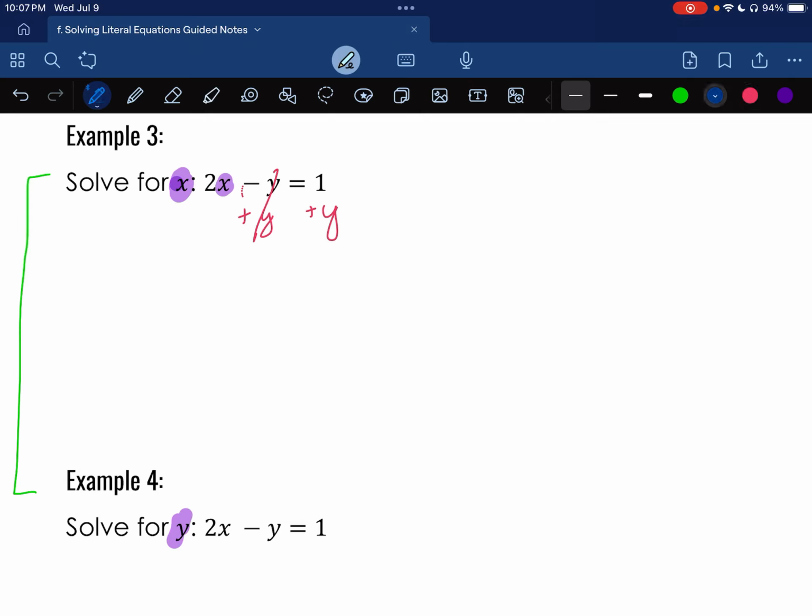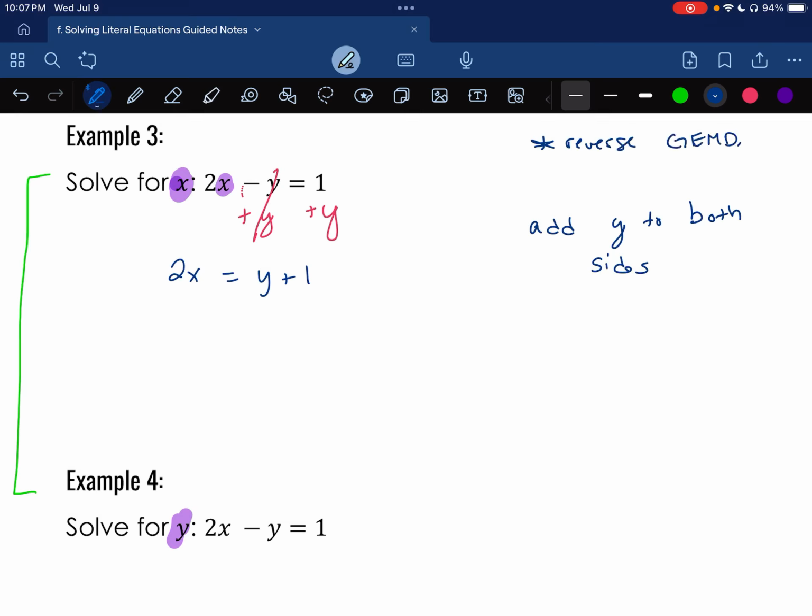As a reminder, what we're doing here is adding y to both sides, remembering we're using kind of that reverse PEMDAS, that reverse order of operations.